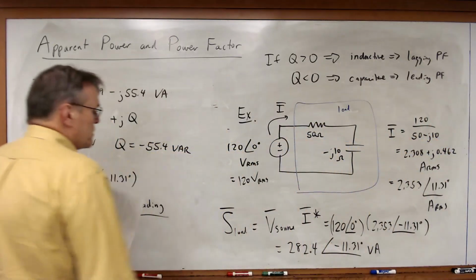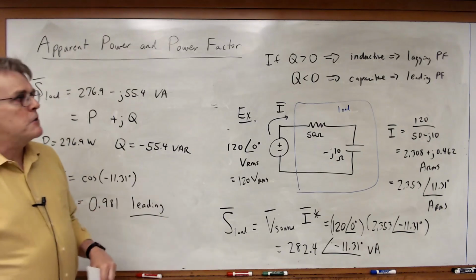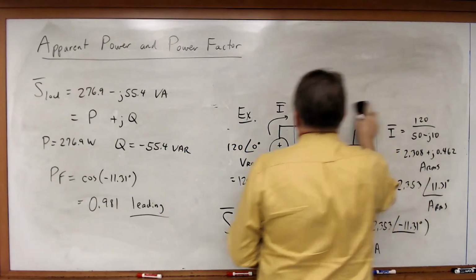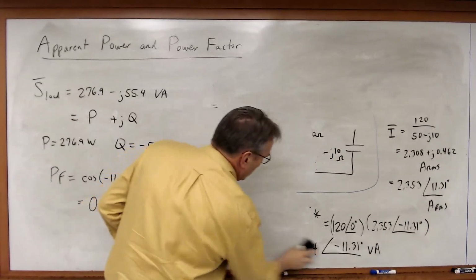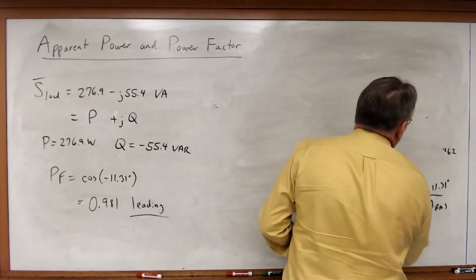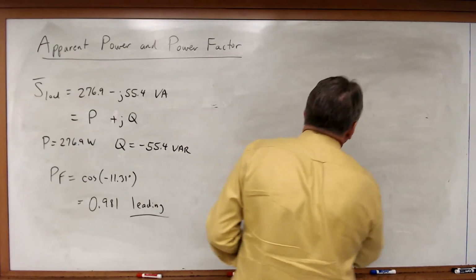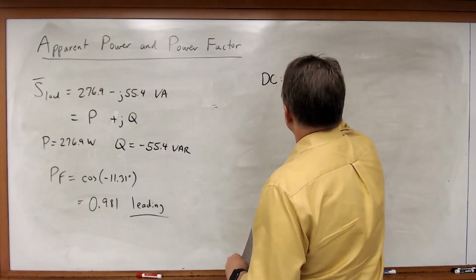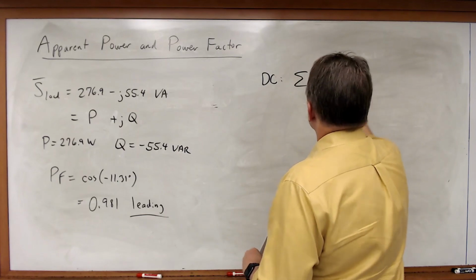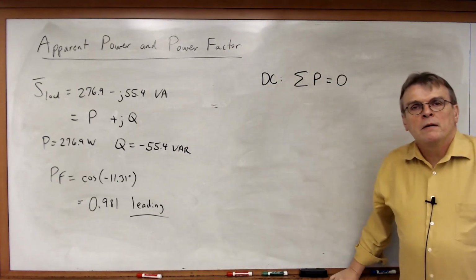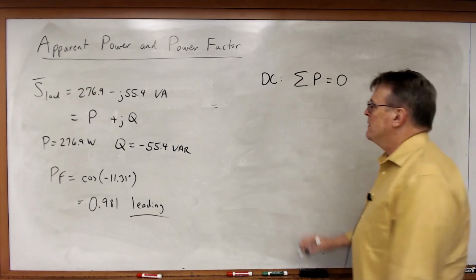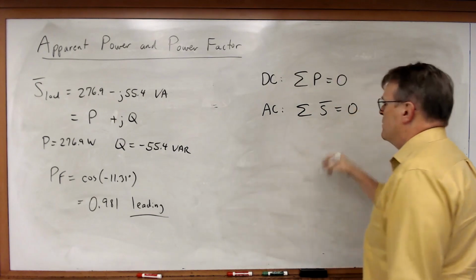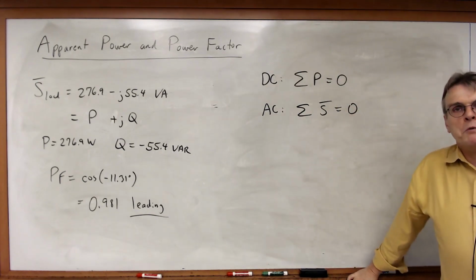One other thing to consider is this: power conservation. For a DC circuit, at the beginning of the semester we said the sum of all powers must be equal to 0 in any circuit. The same is true now. For an AC circuit, the sum of all the complex powers in a circuit must be equal to 0 as well.